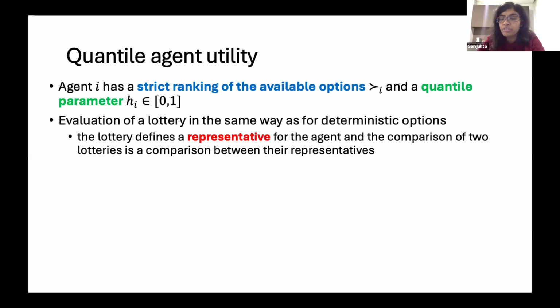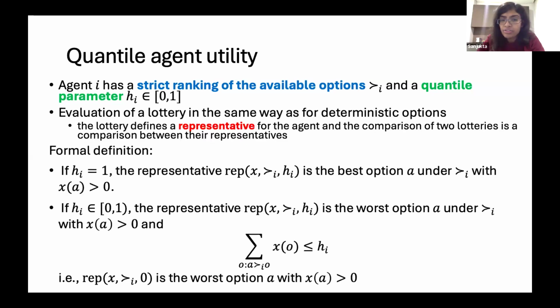For each lottery, the agent identifies a representative option, and chooses the lottery that gives them the best representative option. Formally, the definition is as follows.